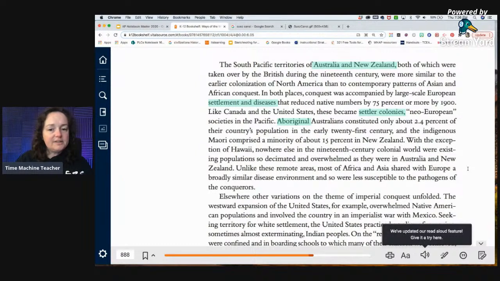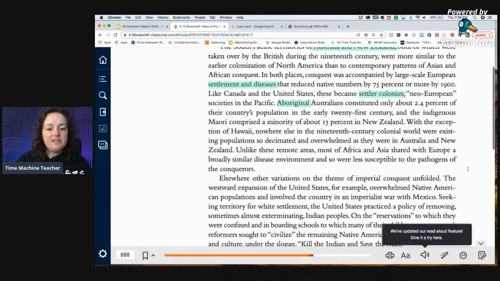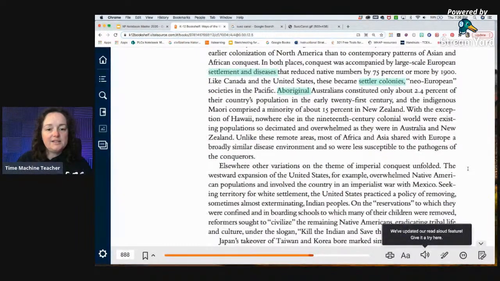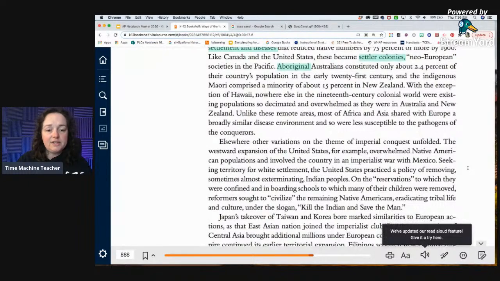Aboriginal Australians constituted only about 2.4% of their country's population in the early 21st century, and the indigenous Maori comprised a minority of about 15% in New Zealand. With the exception of Hawaii, nowhere else in the 19th century colonial world were existing populations so decimated and overwhelmed as they were in Australia and New Zealand.